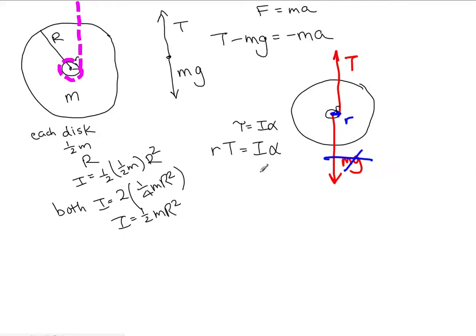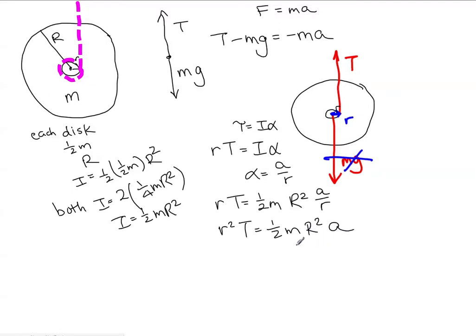So I can plug that in here. I can also plug in the fact that alpha is equal to a over r. So that gives me rT is equal to 1/2 m big R squared a over r. And if I multiply both sides by little r, I have r squared T equals 1/2 m big R squared a.